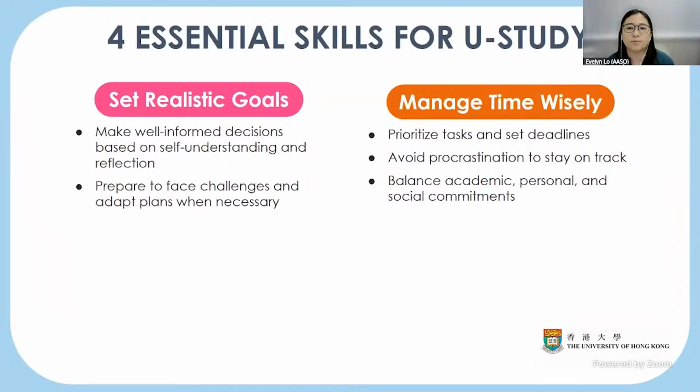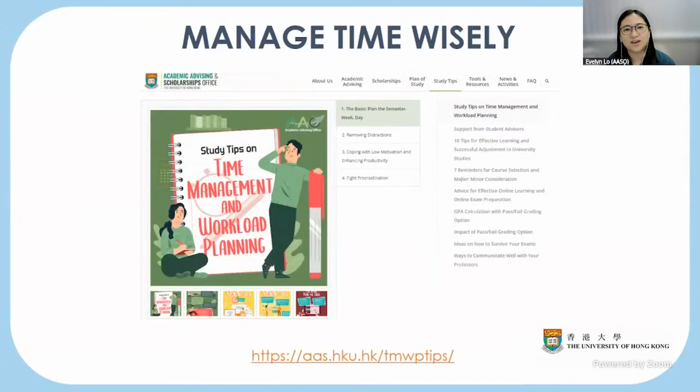So it's important to prioritize your tasks, set deadlines, and not procrastinate. We have some tips about time management and workload on our website that you could take a look at. It's basically very simple stuff.